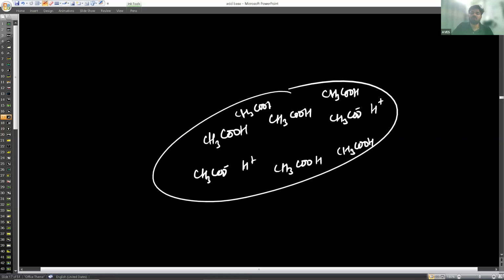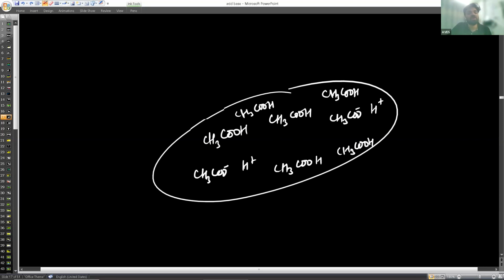One thing you have to note down. Suppose you have these molecules; they are not dissociating the H plus ion. They are remaining in their original form. Only the acidic property is shown by H plus ions.